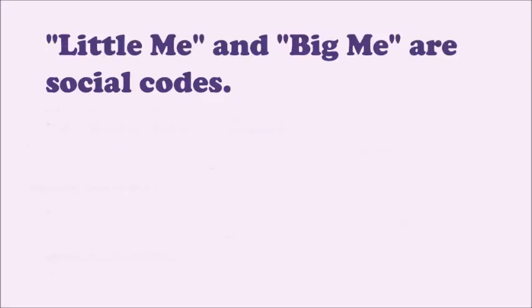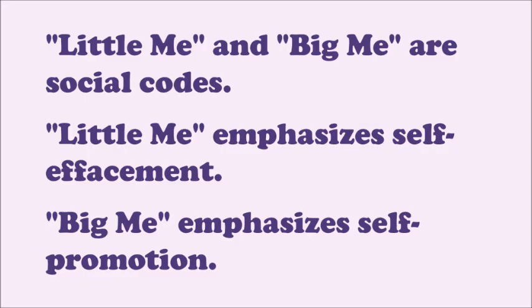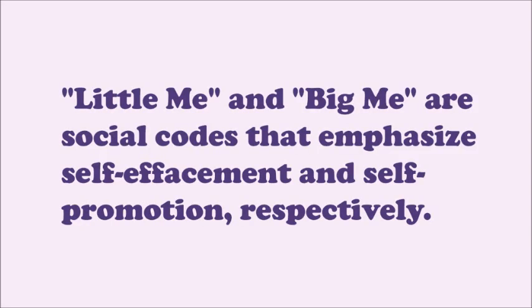Little me and big me are social codes. Little me emphasizes self-effacement. Big me emphasizes self-promotion. Of course, if we want to sound more like college students, we'll put all that in a single sentence. Little me and big me are social codes that emphasize self-effacement and self-promotion, respectively.